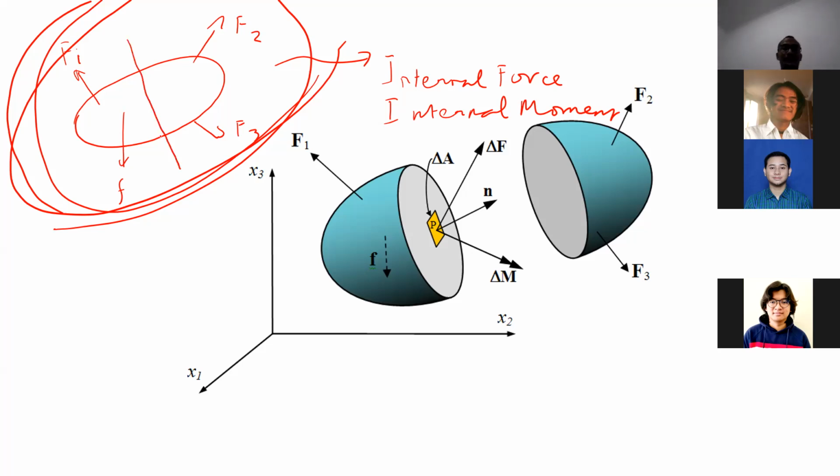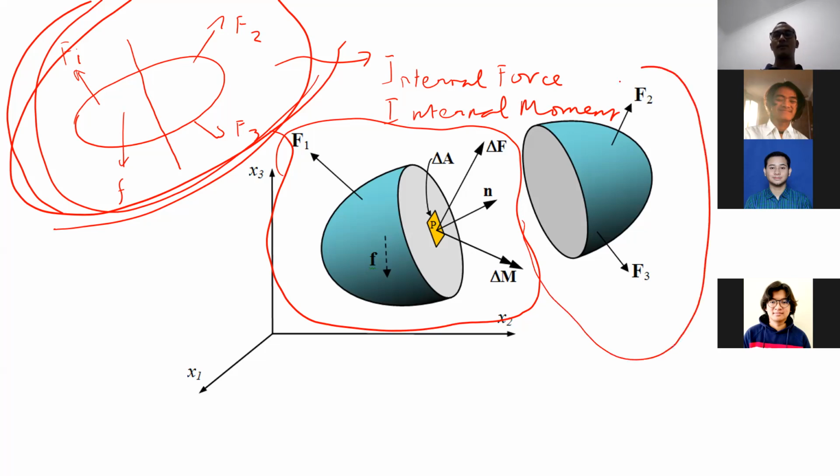After you do the section, we have two free body diagrams right now, the left section and the right section. If we take a look at the left section, this will be our free body diagram. And if we take a look at the right section, this will be our free body diagram.